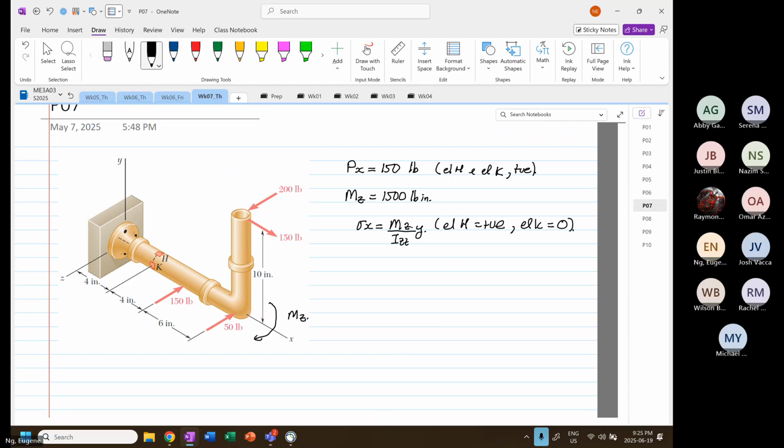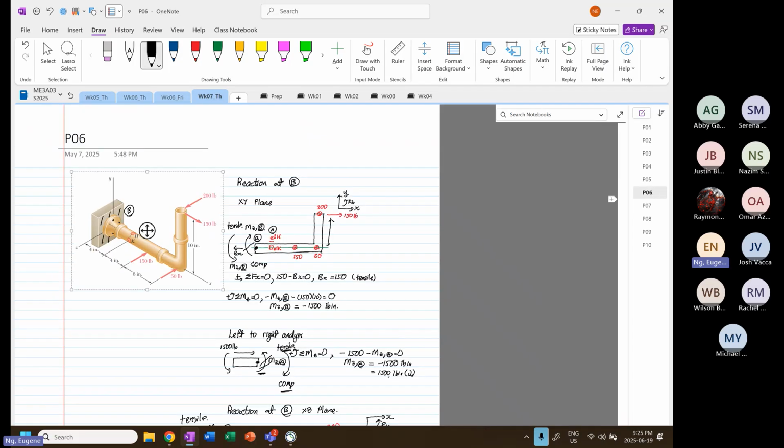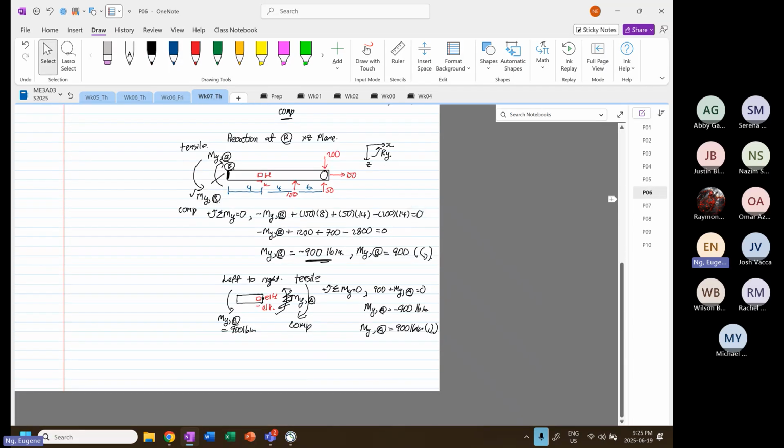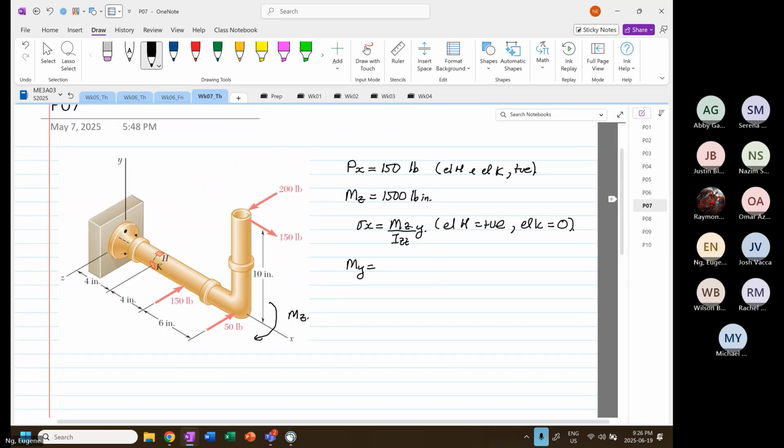Okay. Then when we look at moment about Y, let me recall, moment about Y is 900 pound-inch, and it is doing this rotation.